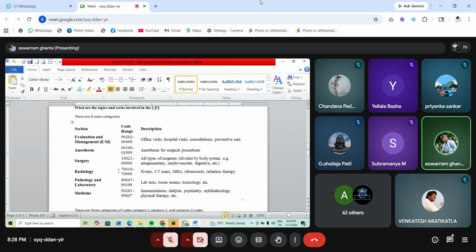ఓకే. సో ఎవాల్యుయేషన్ మేనేజ్మెంట్ అంటే మీకు సింపుల్ గా చెప్పాలంటే పేషెంట్ విజిటెడ్ టు ద హాస్పిటల్, లైక్ ఆఫీస్ విజిట్ ఆర్ హాస్పిటల్ విజిట్ ఆర్ కన్సల్టేషన్ ఆర్ ప్రివెంటివ్ కేర్. ఓకే, బట్ హియర్ ప్రొసీజర్ may be done by the physician or may not be done by the patient, but here the main thing is visiting of hospital for the consultation.